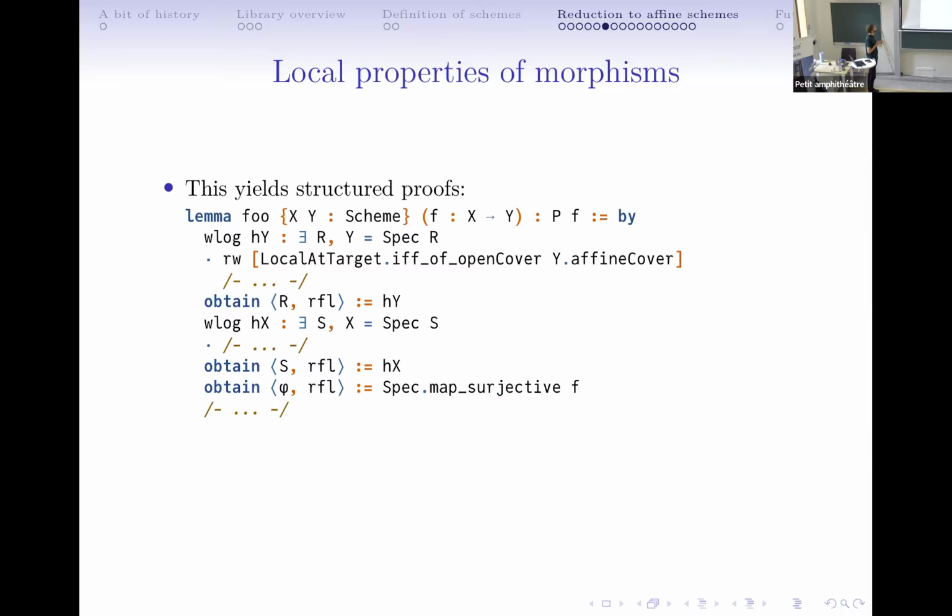So this is some lemma that is called foo, and it takes a morphism of schemes and proves that P of F holds. Well, it can't be a very interesting property because we're putting zero assumptions on F, but that's a lemma. And for some reason, this P is local at the target. And so many proofs in our library look like this. So we're starting with a without loss of generality block.